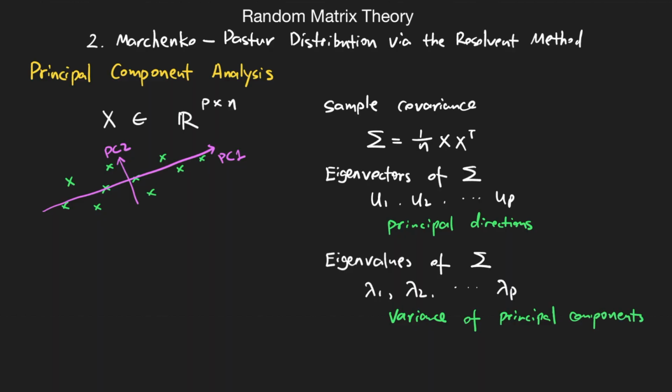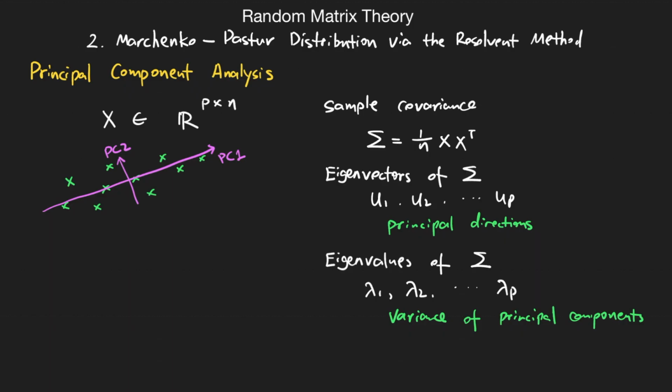This can be understood with this simple picture. PC1 is the direction where the data has the largest variance. The variance is given by the eigenvalues of the covariance matrix, where the direction of this axis is given by the eigenvectors of the covariance.